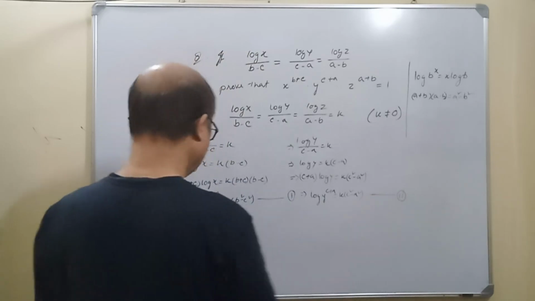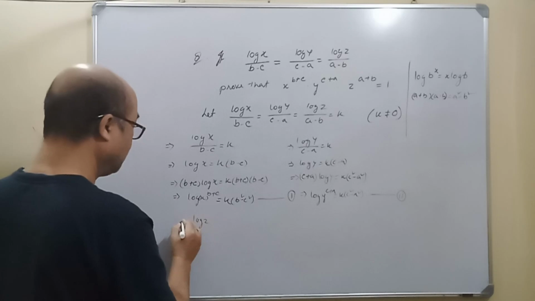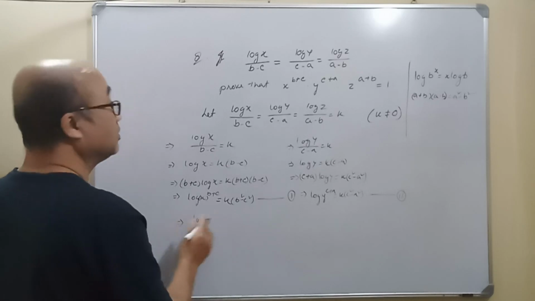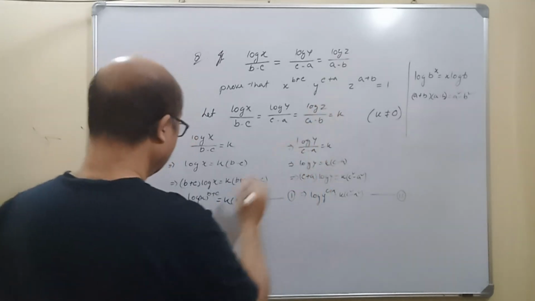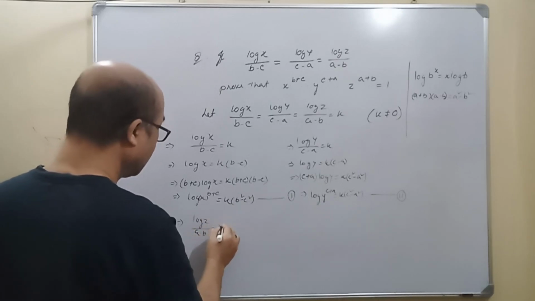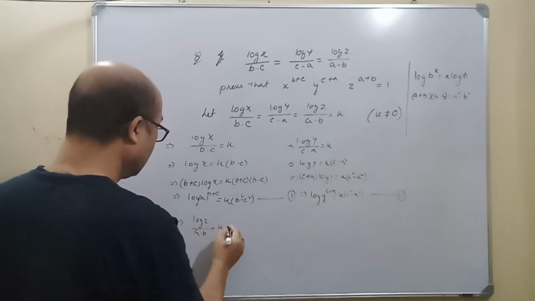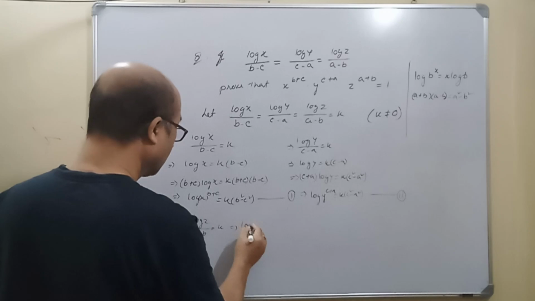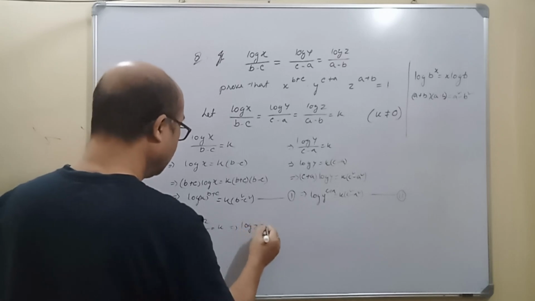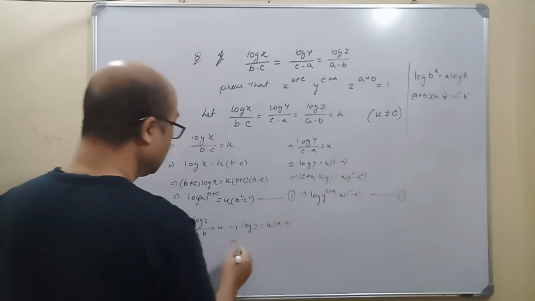And lastly, we have log of z by a minus b, which is equal to k, which means log of z is k into a minus b.